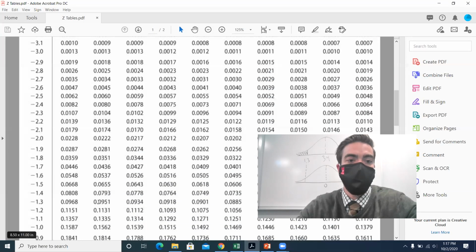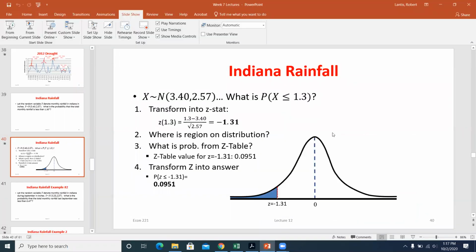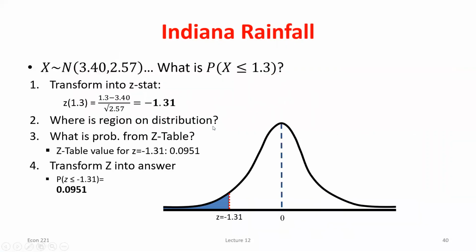Negative 1.31, 0.0951 is that probability, or that area to the left. So once I have that area to the left, my final step is nothing, right?